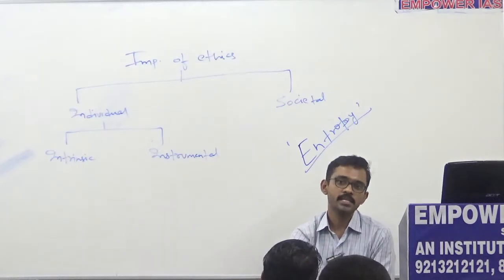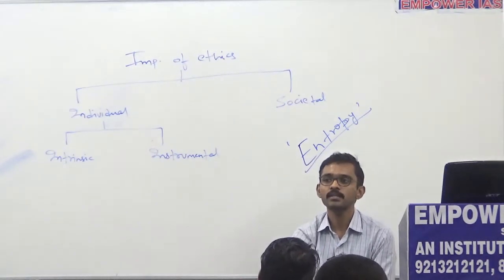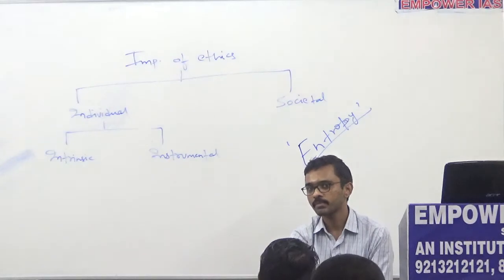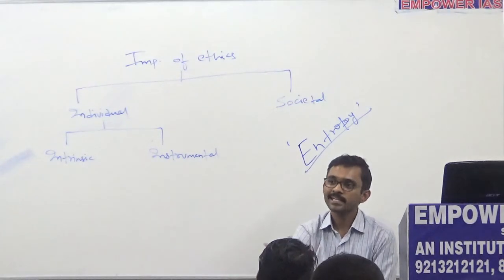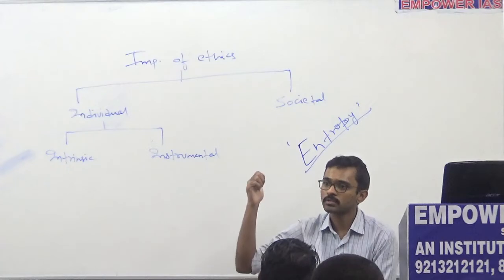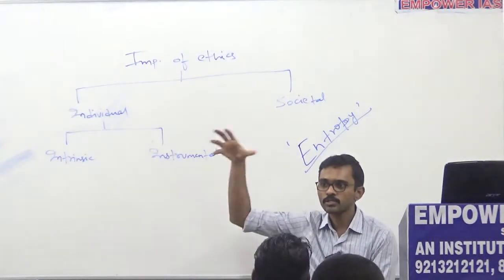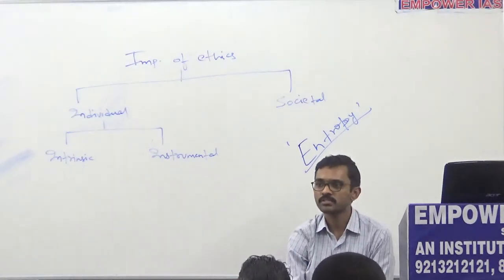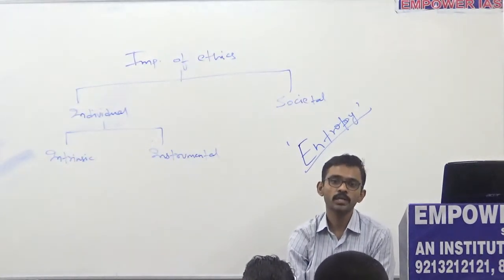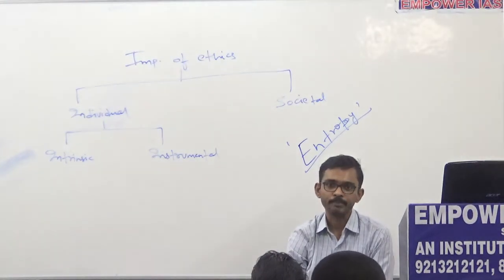If we steal, the other person will also steal. If we jump the red light, the other person will also jump the red light. So ethics act as a limitation on our behavior and actions, because we know that if all of us don't follow ethics, it will lead to chaos and instability.